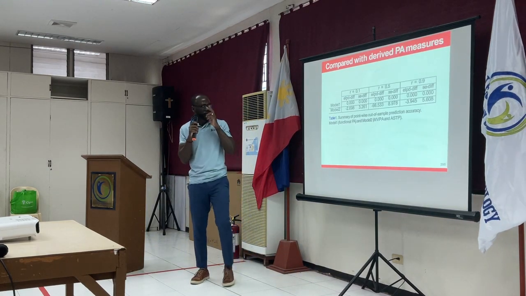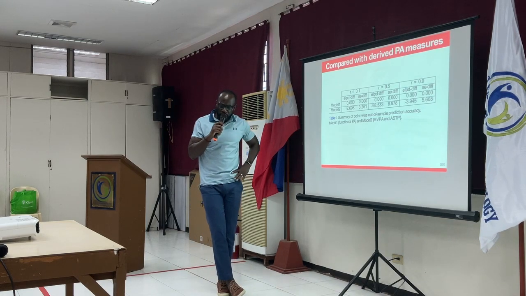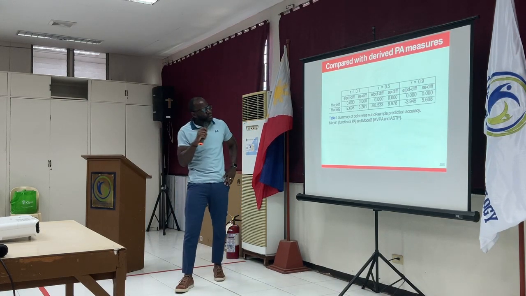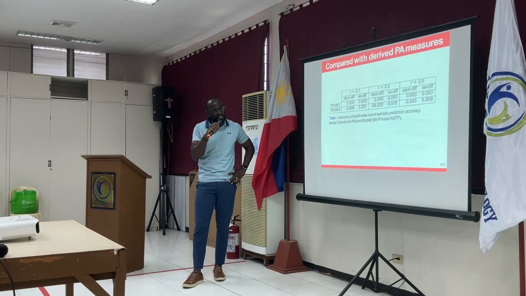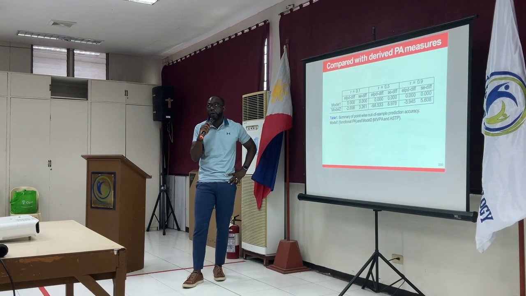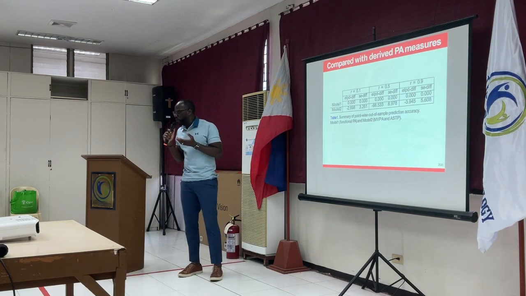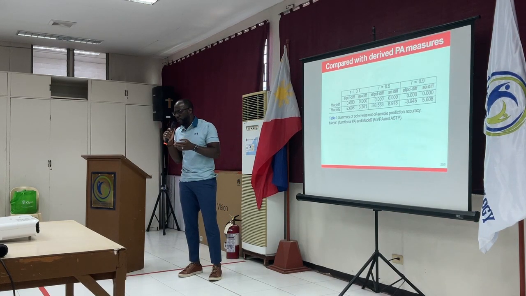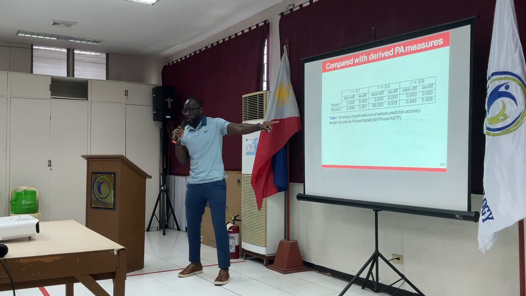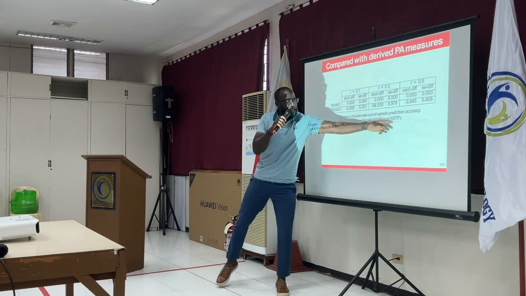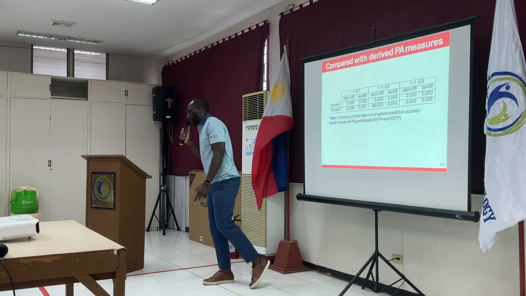Now, so we did that, and the last step of our analysis was to compare what we did with the case where you fit a model where you put in as covariates the summary measures of physical activity, MVPA and ASTP, as I talked about earlier.